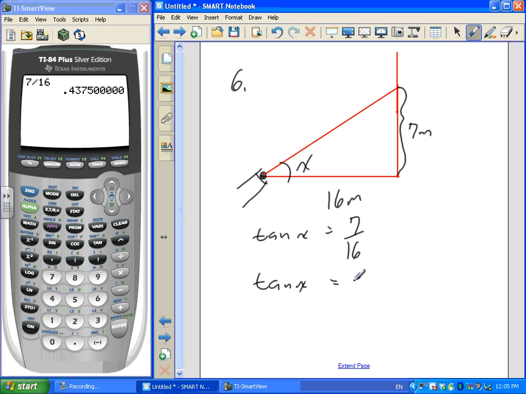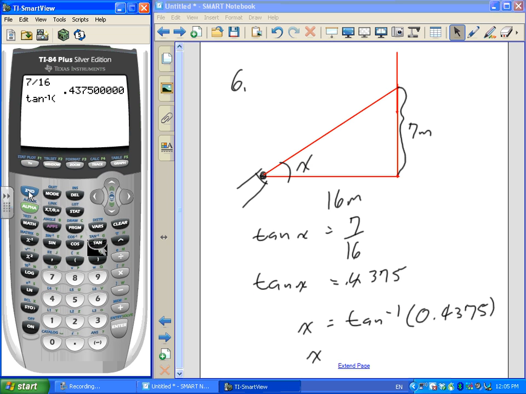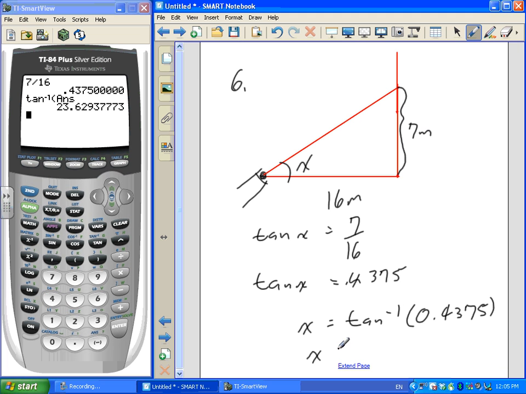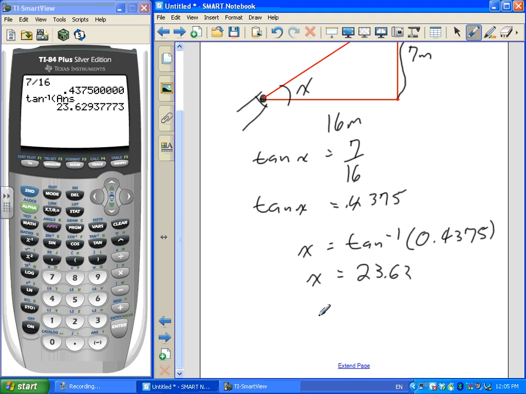Tangent x is equal to 0.4375. And when I bring tangent to the other side, I get tangent inverse of that above answer. 23.62, or if you want to round, it's approximately 24 degrees. So our angle of elevation was 24 degrees.